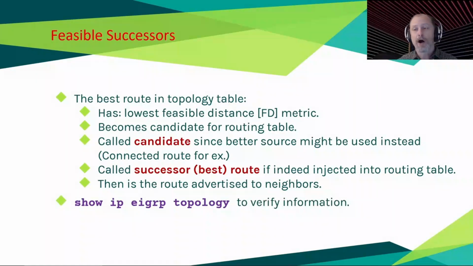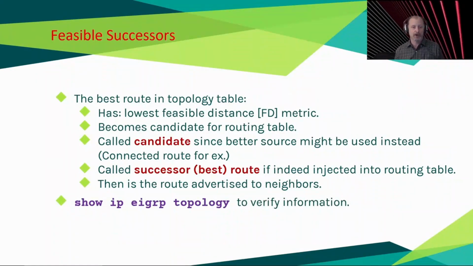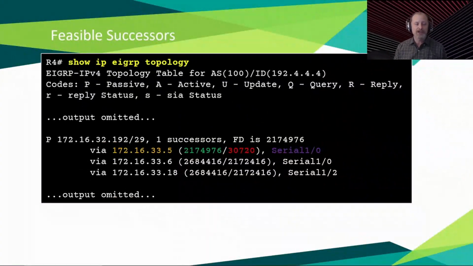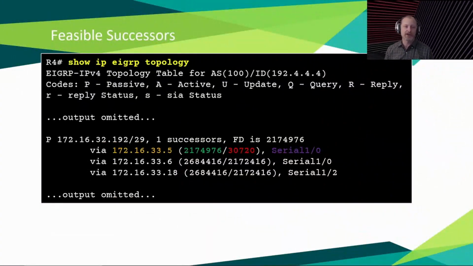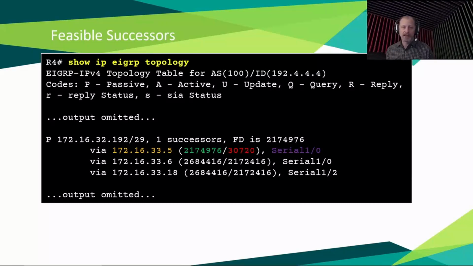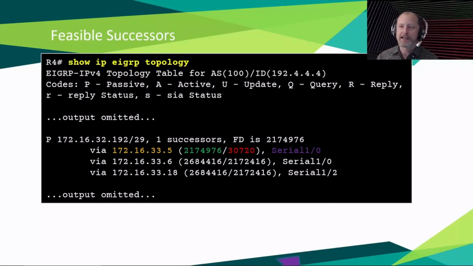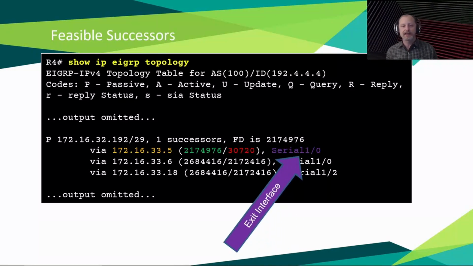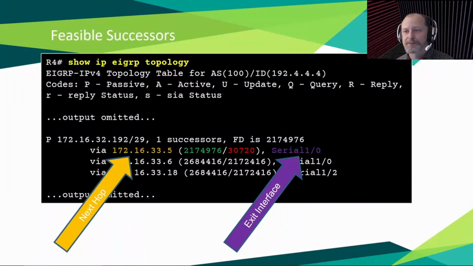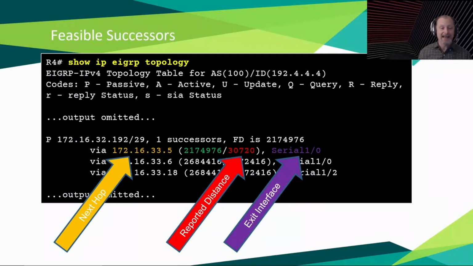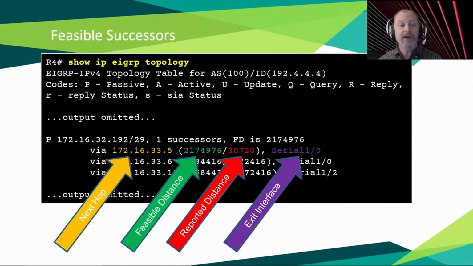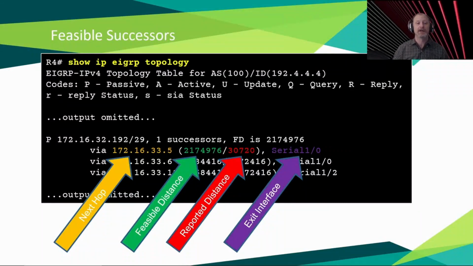We can look at the topology table to verify this information. Show ip eigrp topology, okay? So here, we're just looking at the 172.16.32.192/29 subnet, okay? And we can see we have the exit interface, the next hop neighbor IP address. This is that neighbor's reported distance, and this is our feasible distance, right? If we were to use that route, it is feasible that that would be our distance.